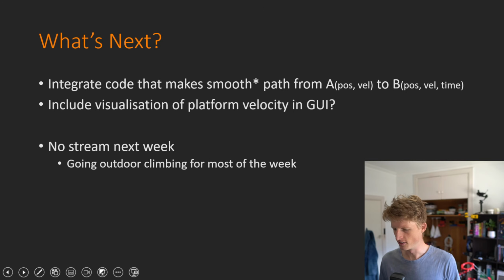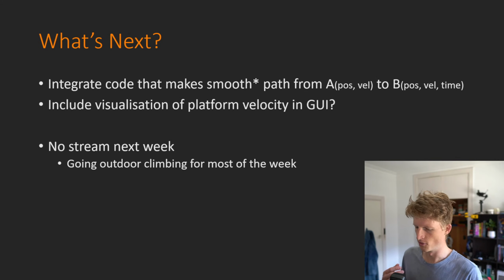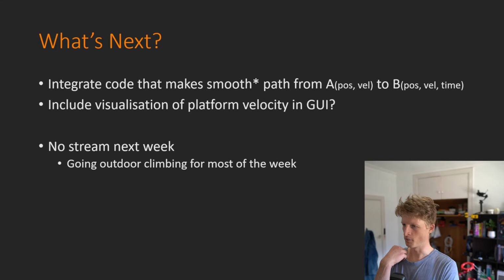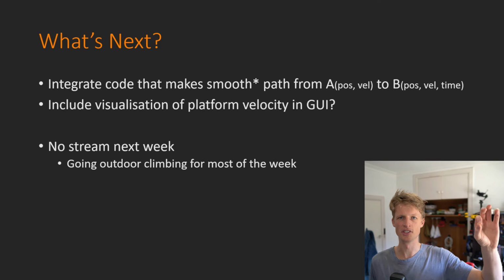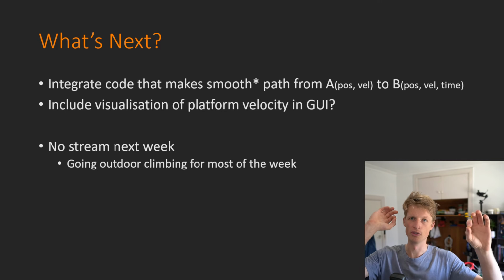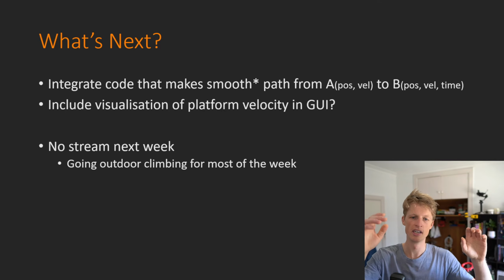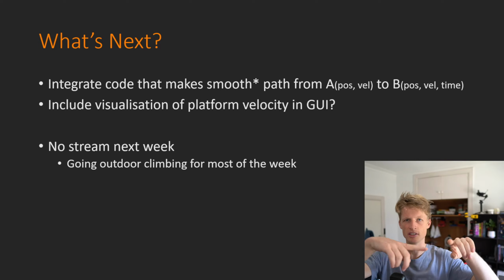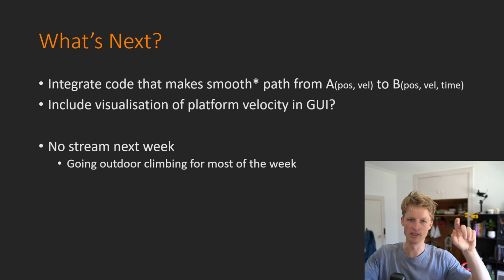So I've got some final thoughts on what I'm going to be doing next. I didn't do my animation properly for this. The first thing that I want to do is to integrate my code that takes the current position, and I can tell the robot to move to a different position with a different velocity, and it will construct this Bezier curve that I've mentioned before between those two points.